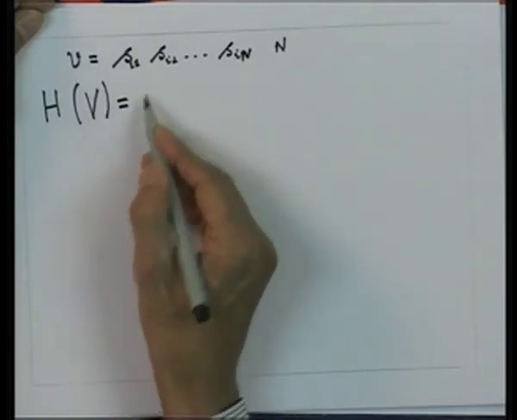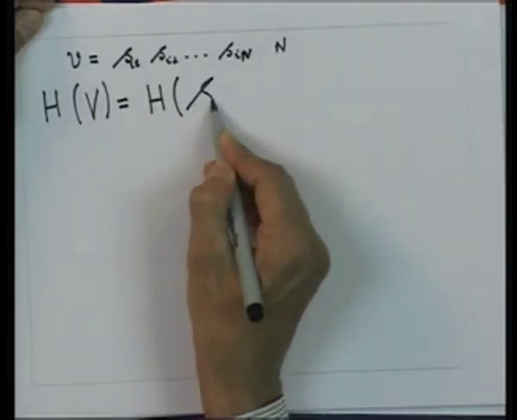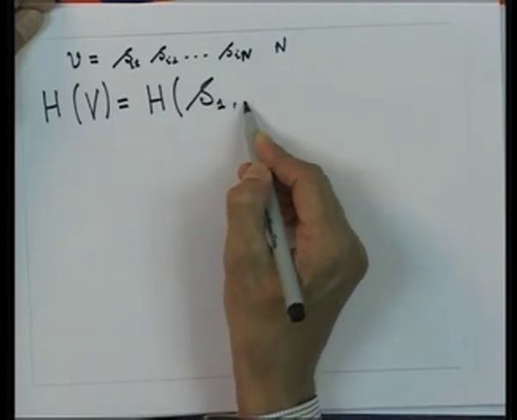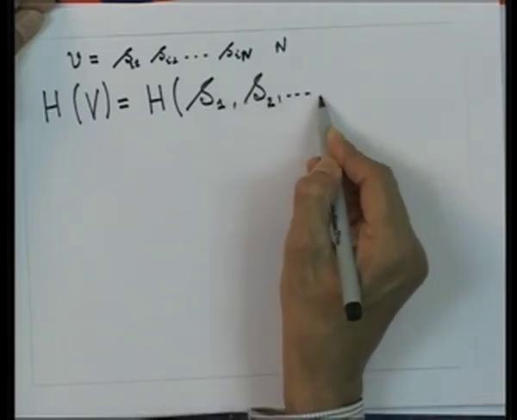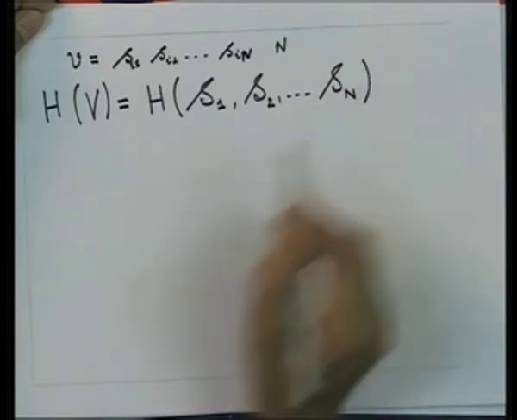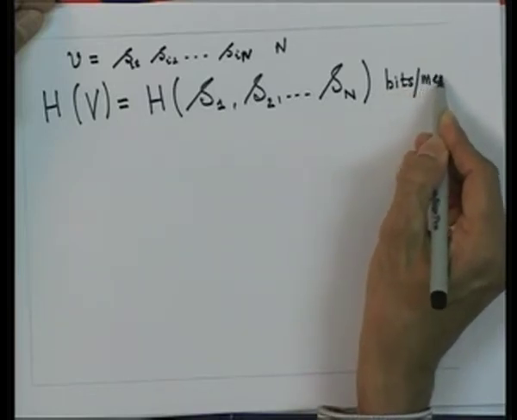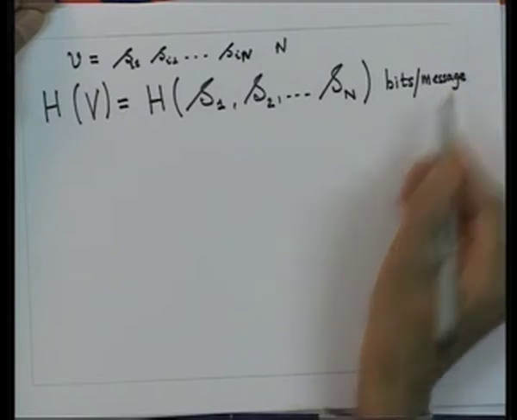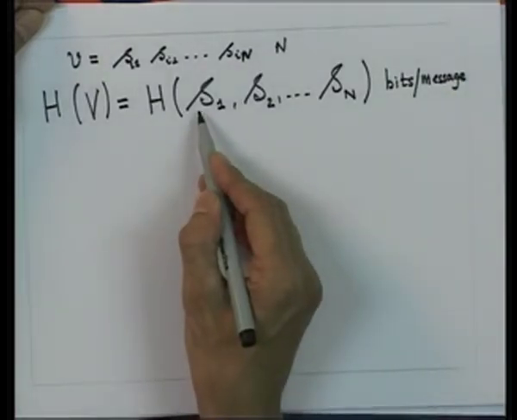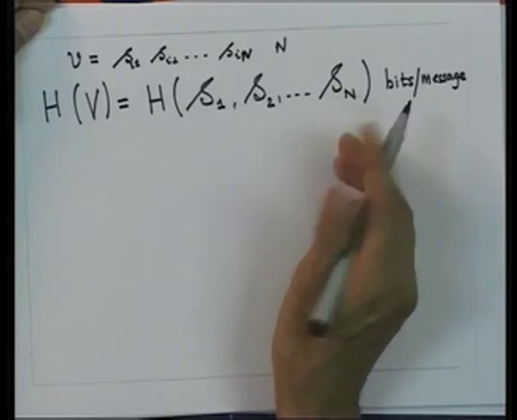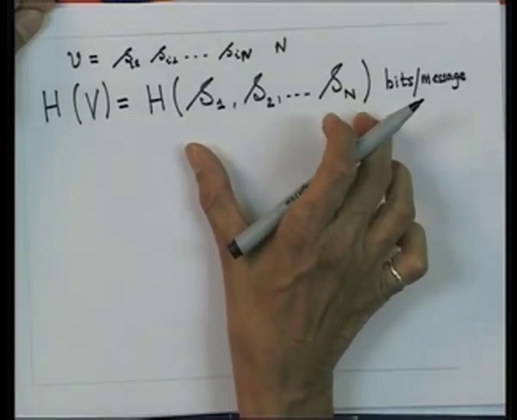Let us analyze this. If I want to calculate the entropy, then H(V) is nothing but H of S1, S2 to SN. So, this is the information which I get from messages consisting of symbols of length capital N.